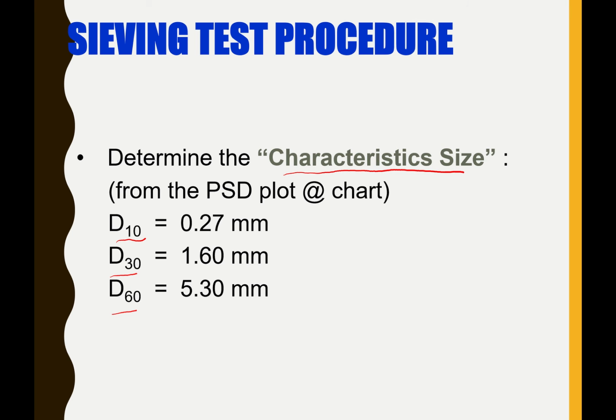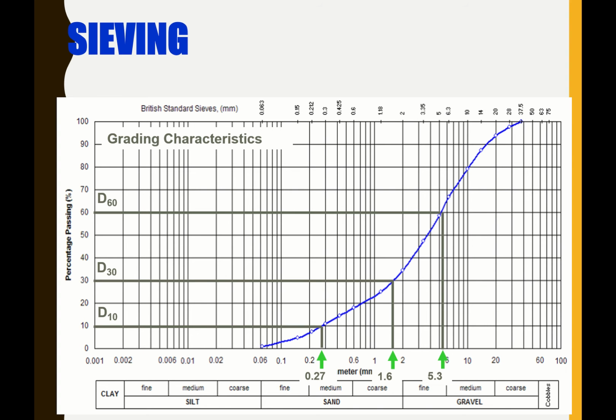At 30% of the grading curve, what is the particle size? And at 60% of the grading curve, what will be the particle size? Let's see what I'm explaining right here. This is D10, and D10 is located at 10% of your grading curve.